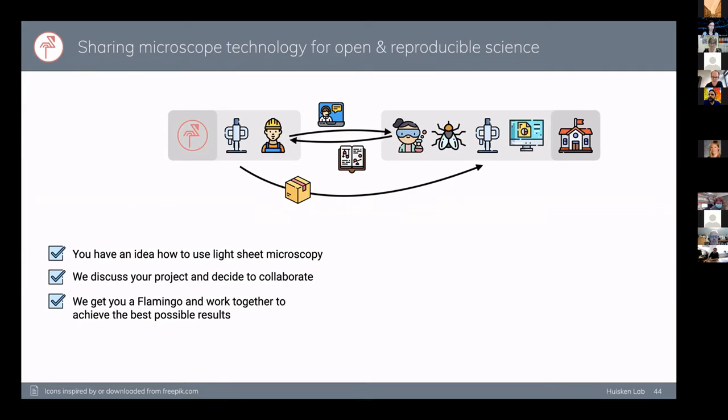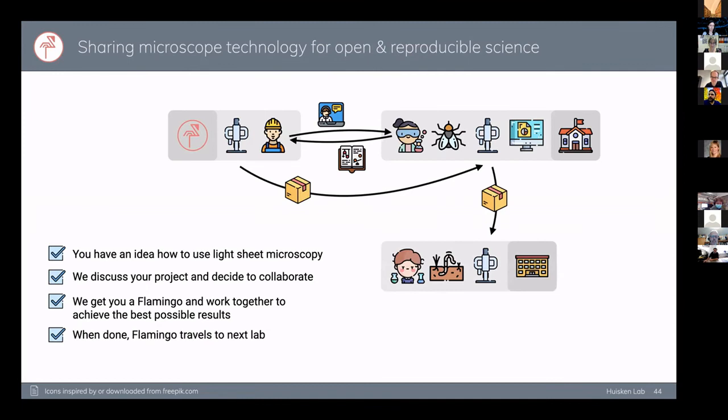We send the instrument to the biologist and then they get to test it. Once they are done, they pass it on. So it's also this idea that if you stop using an instrument, it doesn't sit in a facility or in your lab and collect dust, but instead it gets moved on to the next person in line. And of course, it's also being shipped back to us for maintenance or for any modifications.